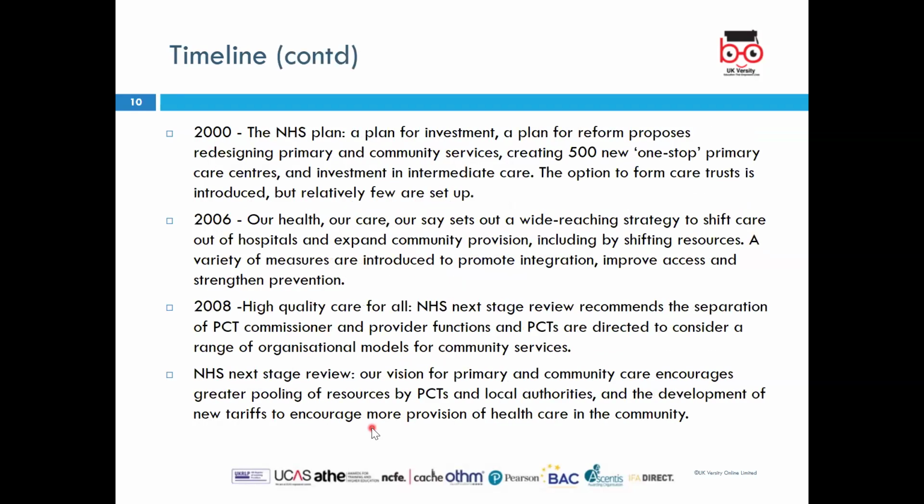Then coming towards 2000, you had the NHS Plan. So there was a plan for investment, a plan to reform proposals, and redesigning primary and community services. There was the creation of 500 new one-stop primary care centers, and investment in intermediate care. The option to form care trusts is introduced, but relatively few are set up.